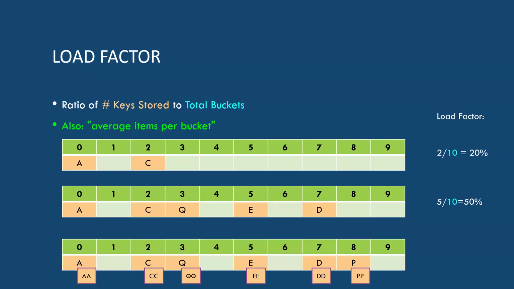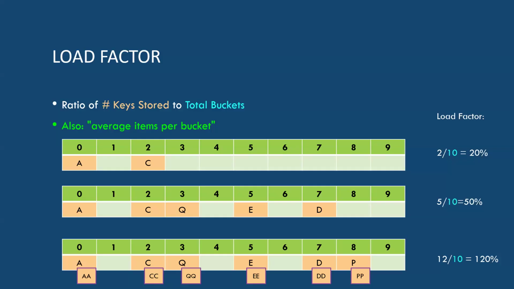Now, down here, we've got 12 keys in 10 positions. So it's 120% full, which might seem like not a good idea, but that's essentially giving us insight into the average length of the linked lists per bucket, or the average number of items per bucket.